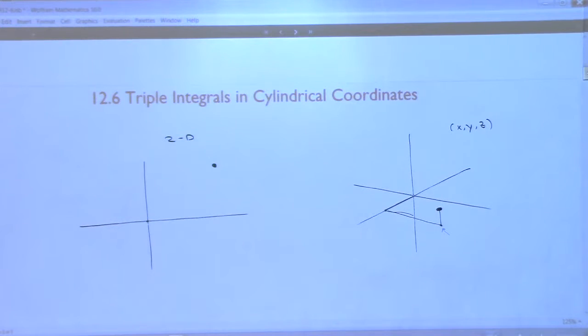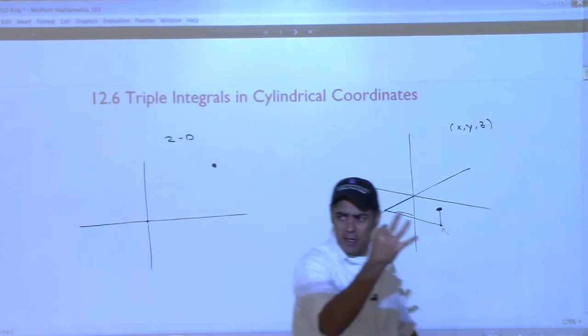And so your x is the same as it was in polar. Someone's going to have to give you r and theta, and the y will be r sine theta, so someone gave you the theta and the r. But the z is just z. It's just some number, okay? So do y'all see that it's just polar in 3D?